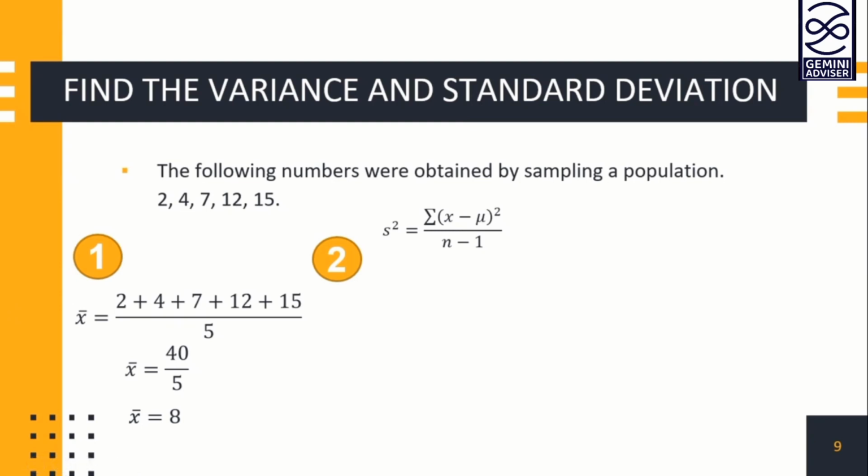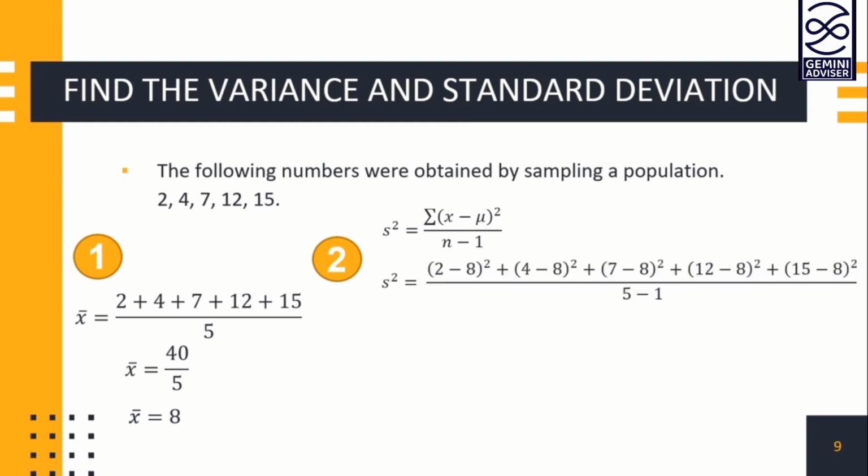We do it one by one. Start with 2, subtract the mean we got and square it. Plus the next one, 4 minus 8 squared. Plus the third, 7 minus 8 squared. Plus the fourth, 12 minus 8 squared. Plus 15 minus 8 squared.